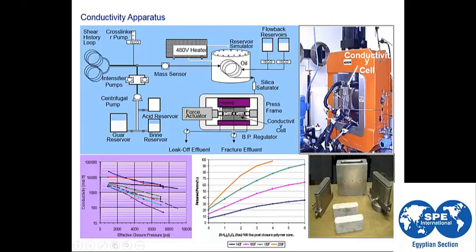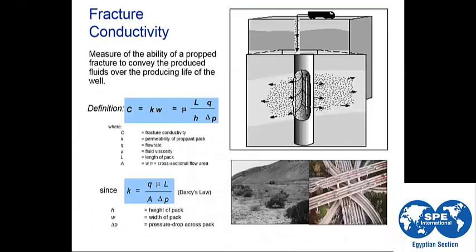This is the permeability, or this curve, the conductivity of the fracture against effective closure pressure for each type of proppant or each size of proppant. So you can directly from this graph calculate the fracture conductivity if you have the effective closure stress. This is the actual graph that we get from it.